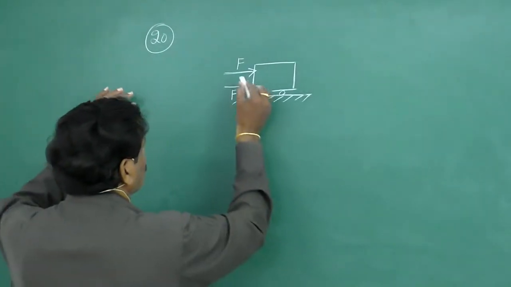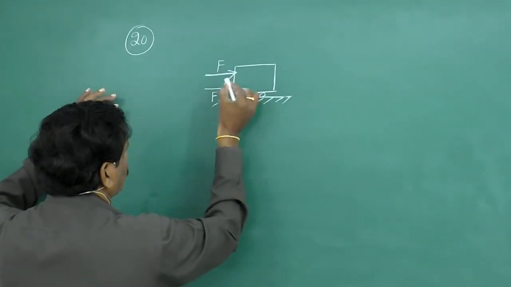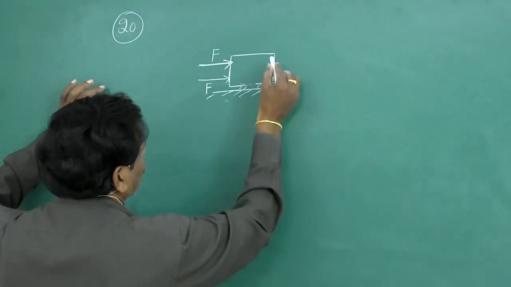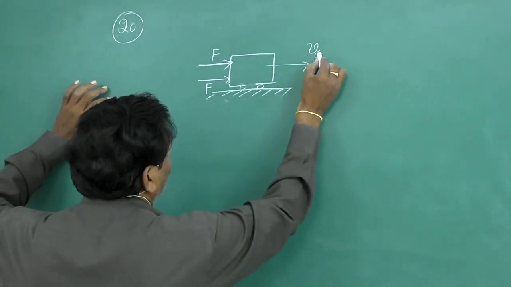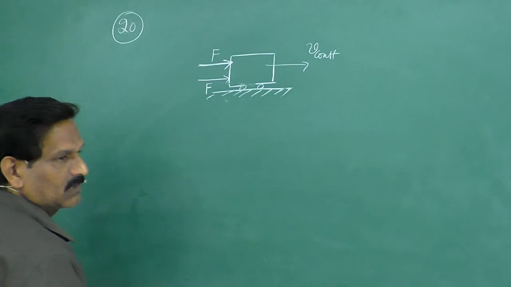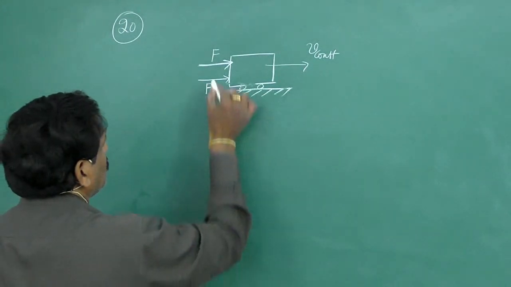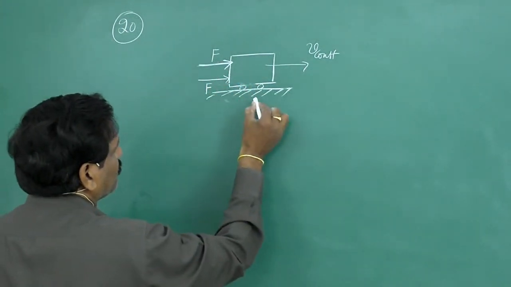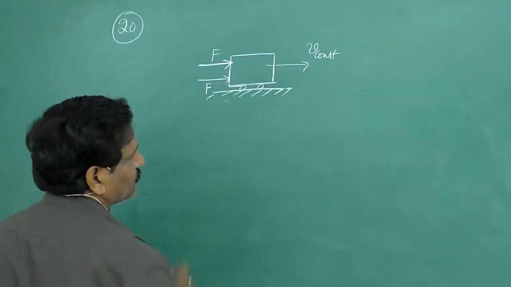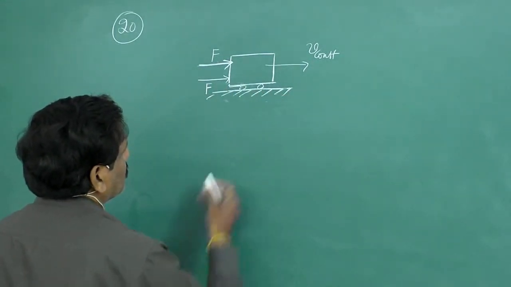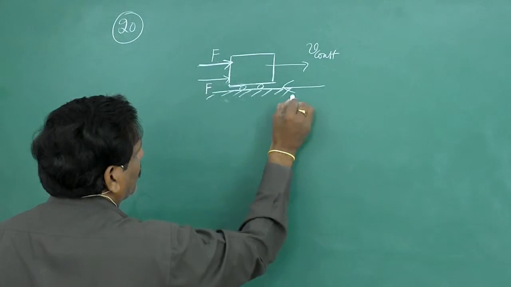So the muscular force of each person is the same, F. Then it moves with a constant velocity, uniform velocity. That means these two forces cannot produce an acceleration in this. It means that there is an opposition of 2F like this.